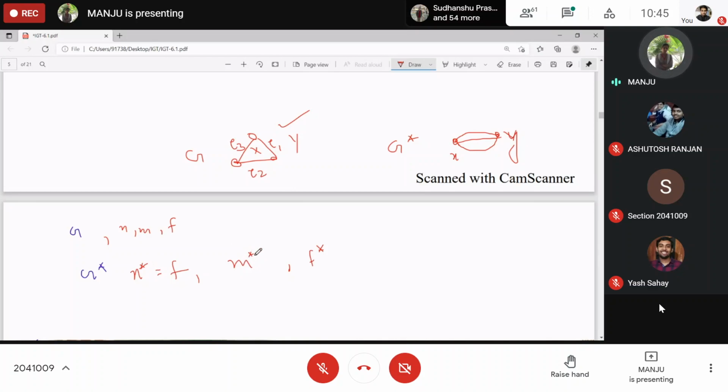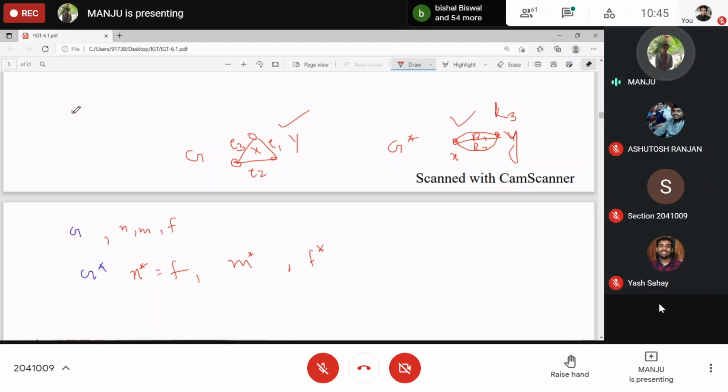So m star is again equal to m, and f star can change. Here region number 1 and region number 2 are bounded, and the unbounded one is outside, region number 3. Clear? This is again a plane graph.